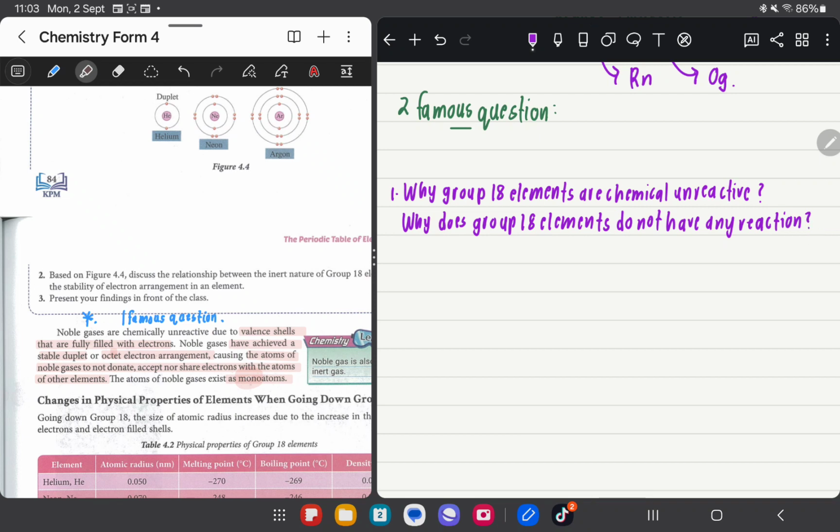Or they will give it like this: argon is a group 18 element, but it doesn't react with any particular thing. They will ask like that. So when people ask about group 18, you already know it is group 18, however they twist the question, the answer is the same. For these two, the only difference is the wording, chemically unreactive or don't have any reaction, but the answer is the same.